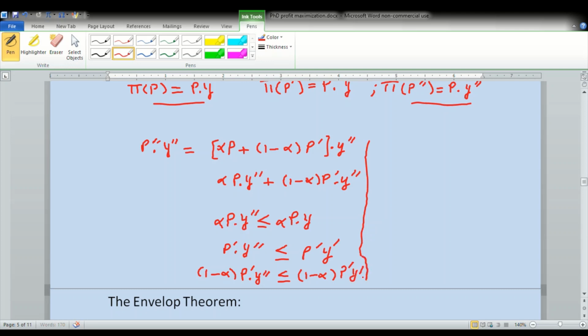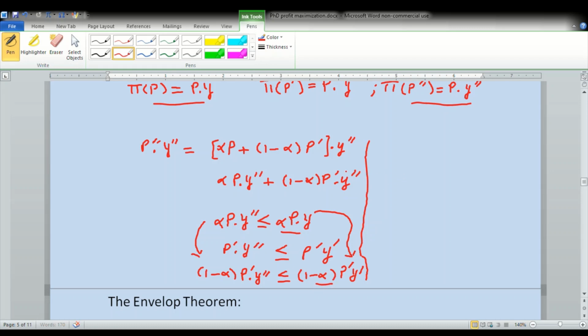Okay, next I add these two together. I am adding left hand side into left hand side, and right hand side into right hand side.